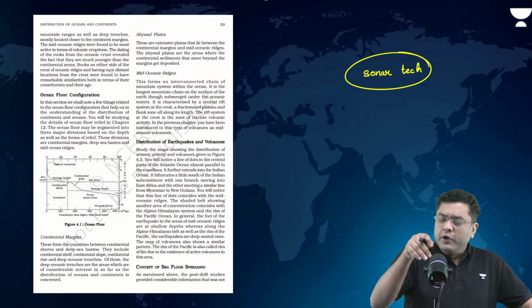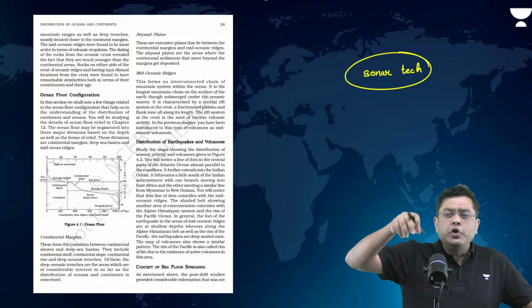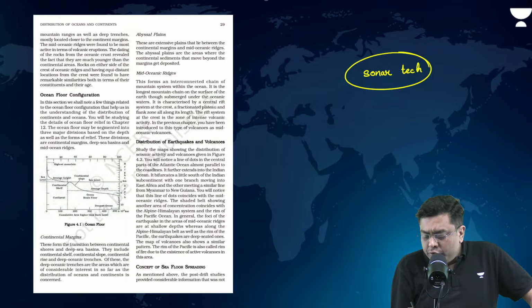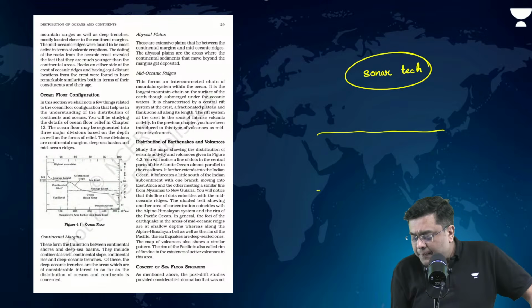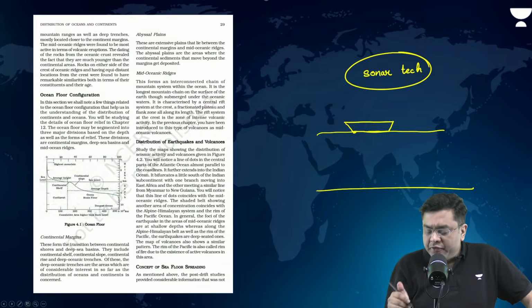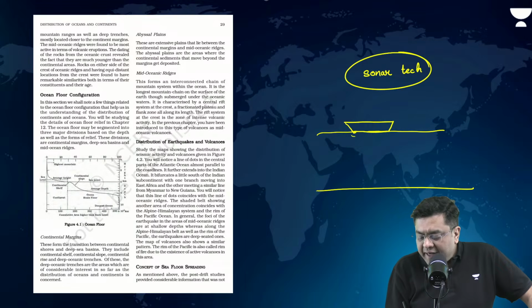Sonar technology basically emitted waves just like a radar, right? So let's suppose this was the ocean. On the ships which were floating, there would be certain equipment which would emit signals.